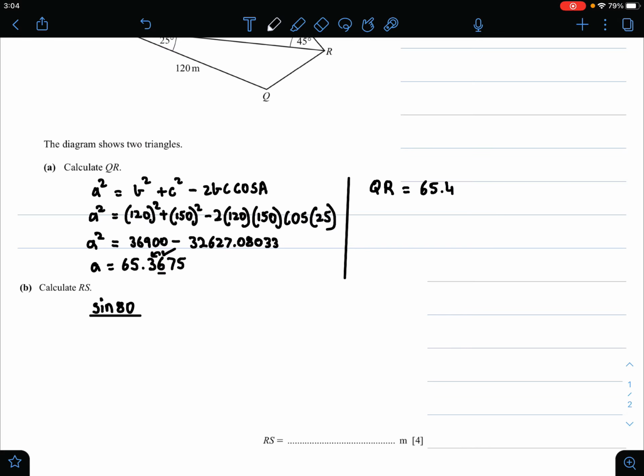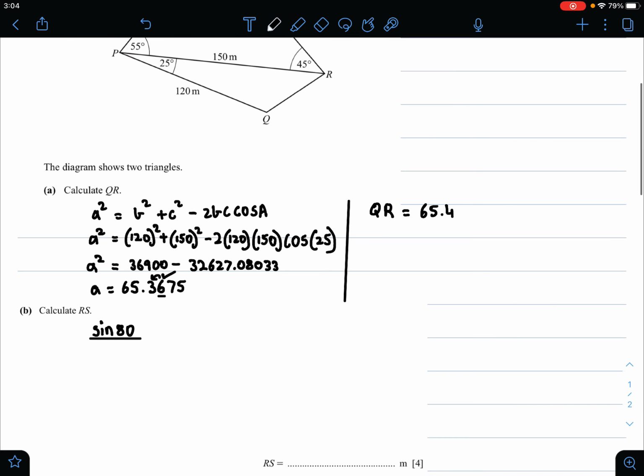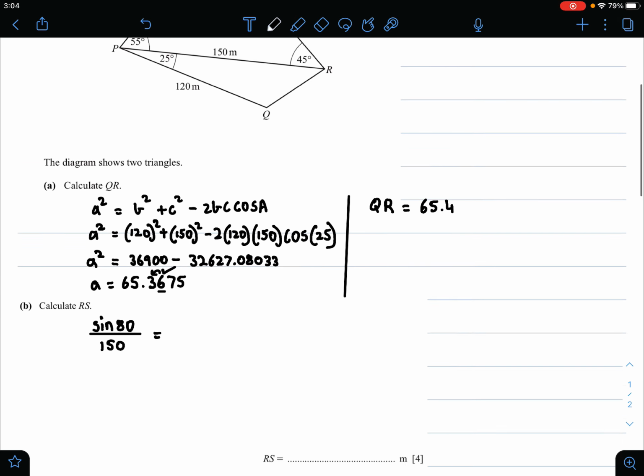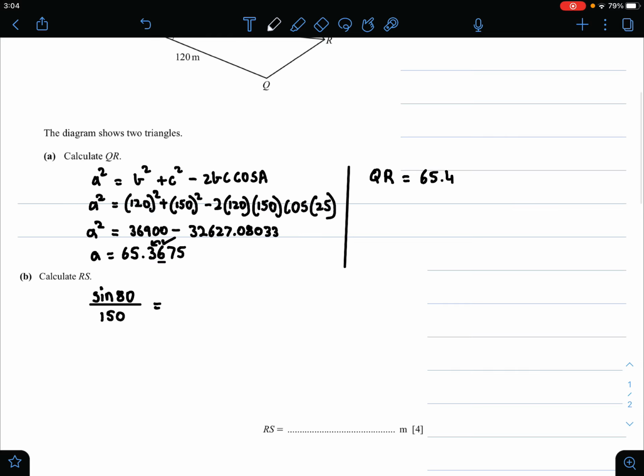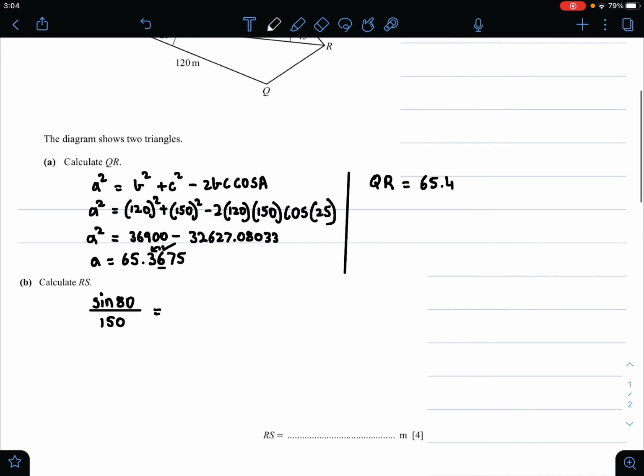divided by the side opposite to it, that is 150, is equal to sine 55 divided by x. So therefore x will be equal to sine 55 divided by this fraction.